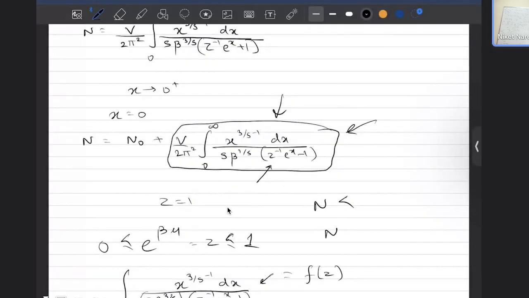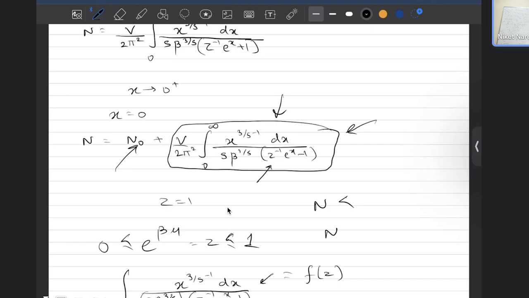The limit is 0 plus. So it does not calculate the number of particles exactly at x equal to 0. That is why we have to separate this out. And the condensation will happen only when this boxed function is not able to take in all the particles.